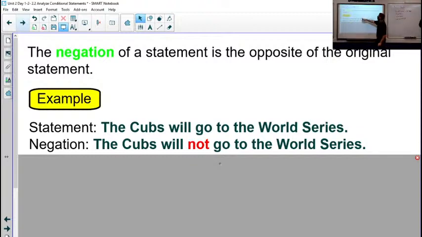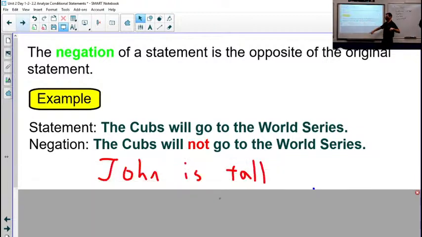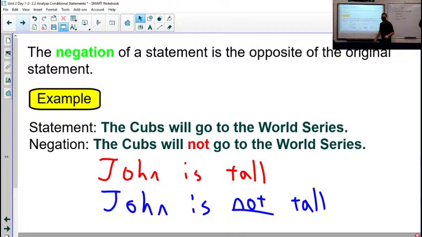Now, a lot of times I'll say opposite, but when I say opposite, remember that comes from negation. You are negating the statement. So the opposite of John is tall isn't John is short. The opposite of John is tall is John is not tall.